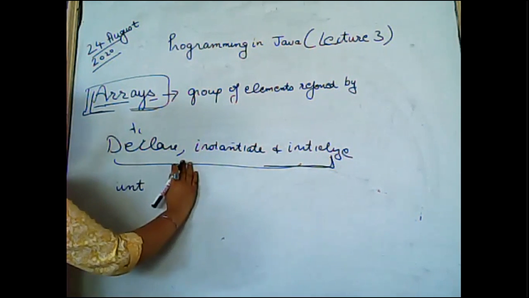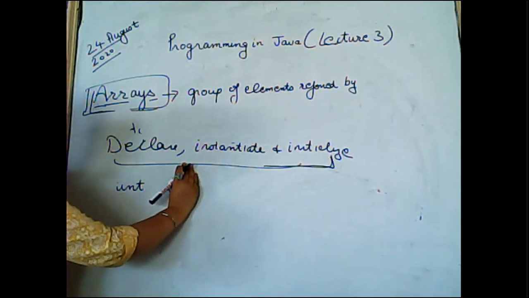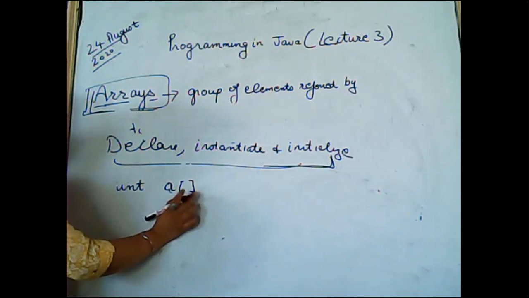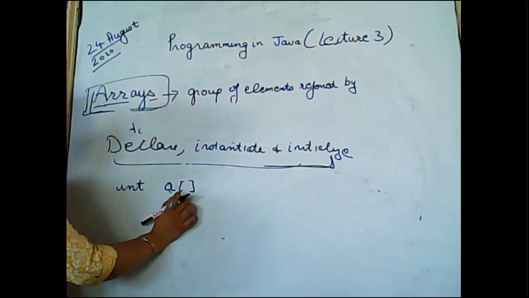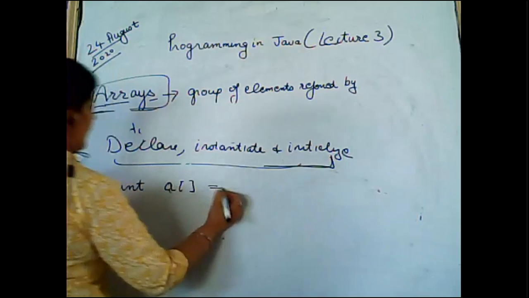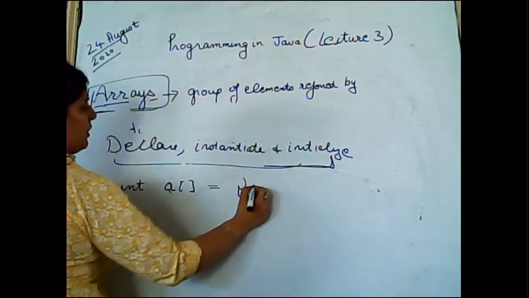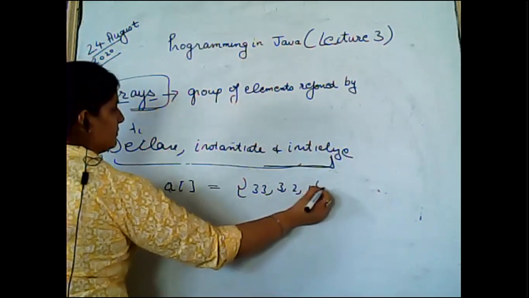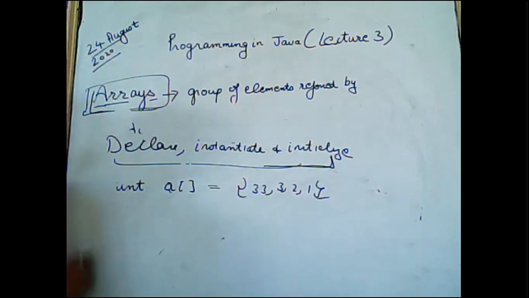int a. If I don't use this bracket, that will be a normal variable. If I am using this bracket, it means that I am mentioning the array elements over here. Equal to, and all those elements. So what does it show?